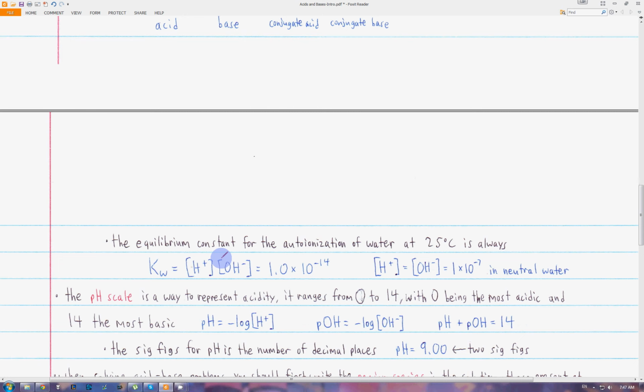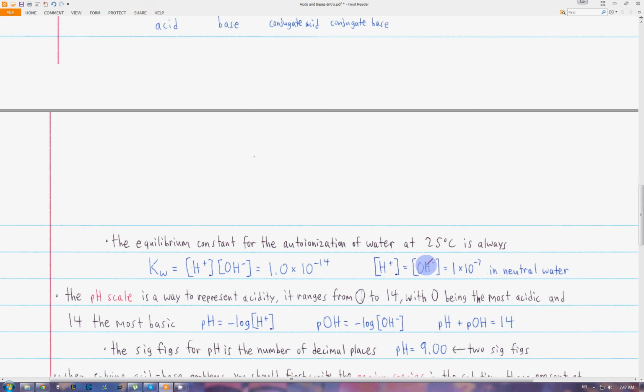So at 25 degrees Celsius, the equilibrium constant for this reaction, which is called Kw, is always 1 times 10 to the negative 14th. So if we have water at 25 degrees Celsius, you know that the concentrations of H+ and hydroxide will always multiply to this number. So if you have one of the concentrations, you can use this to find the other, and vice versa.